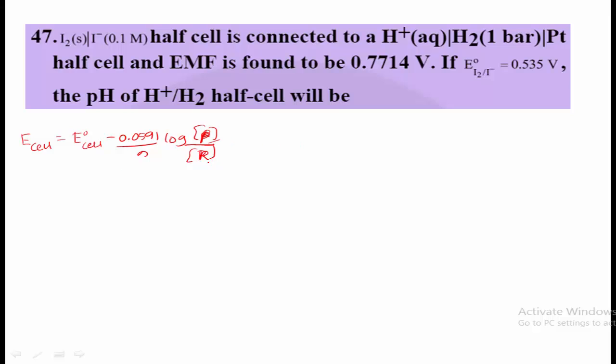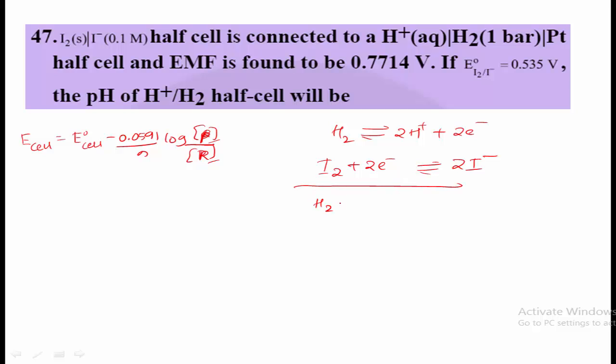First you should know what are the products and what are the reactants. H2 will get converted into H plus, giving 2 electrons, and the iodine will get those 2 electrons and become iodide ions. Therefore the overall reaction will be given as H2 plus I2 gives 2H plus and 2I minus.